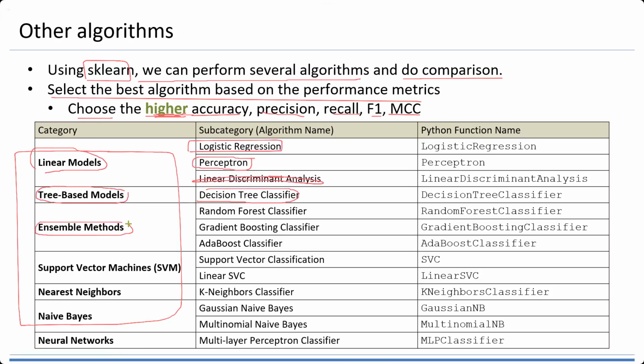For the ensemble methods, we have random forest, gradient boosting, and AdaBoost. There's another category, SVM. We can use the support vector classification, SVC, and the linear SVC, and so on. So we have the nearest neighbor, naive Bayes, and the neural network. This is the function name in Python. So if you want to run those algorithms, you can just call the function name.